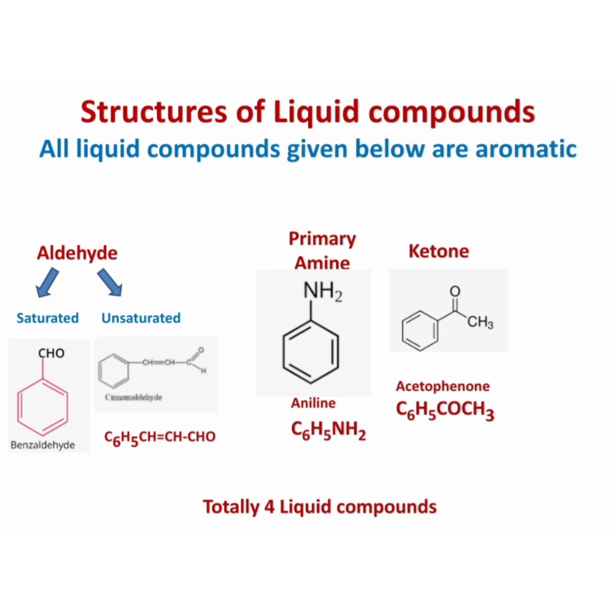Whenever you have one compounds, C double bond O is present. So this molecule is named acetophenone. So this is a functional group. The similarity between all these is that the aldehydes mentioned here, benzaldehyde and cinnamaldehyde, ketones and amines are all liquid compounds. I have just taken examples which are given in your syllabus.